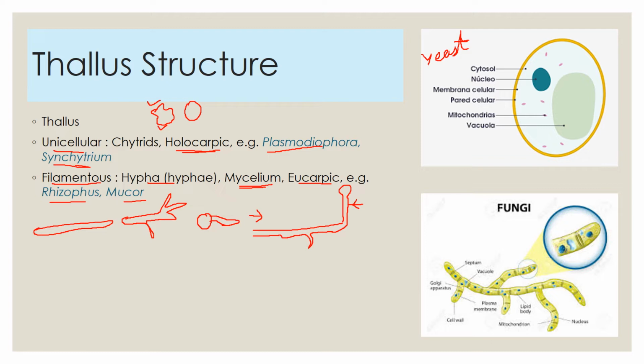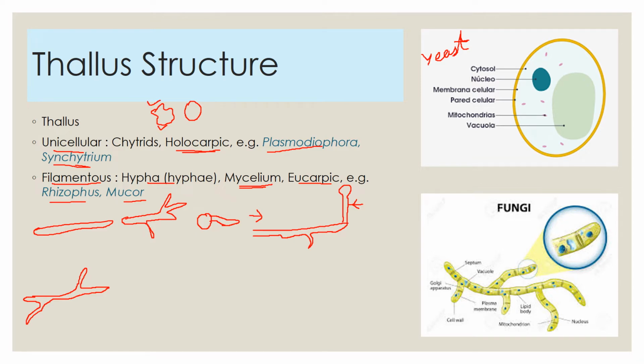So hypha is also of two types. The hypha can be either aseptate, that is, it does not have septation, it branches but there is no septation, and septation is found only when they reach the reproductive stage.